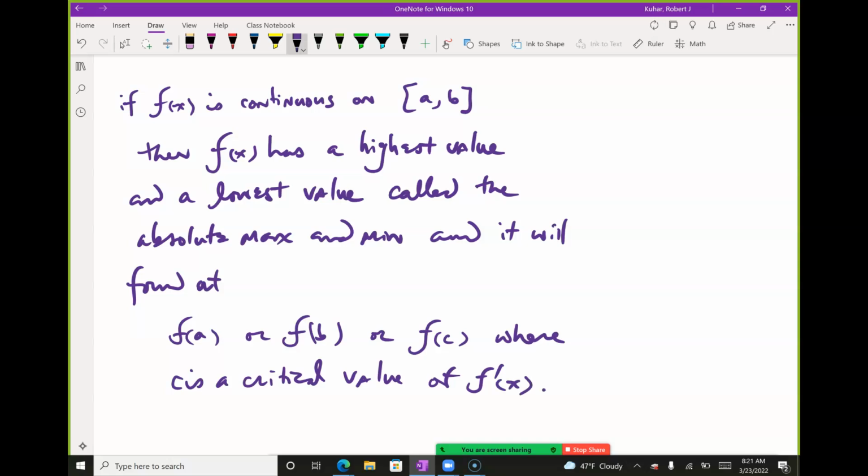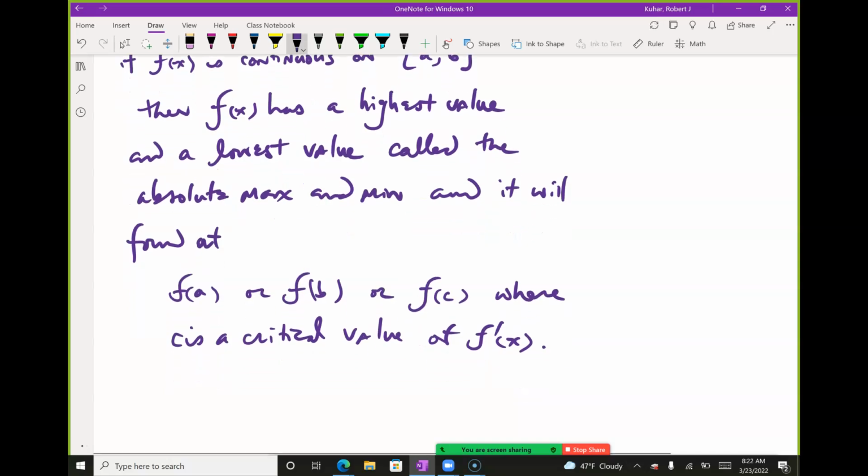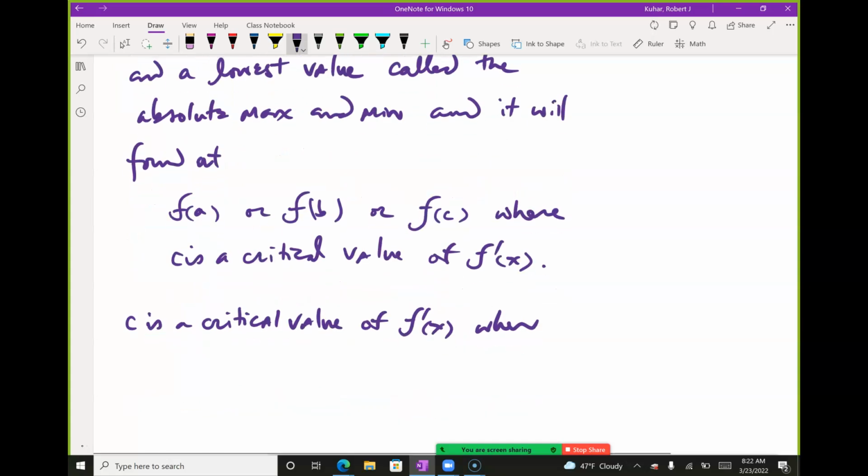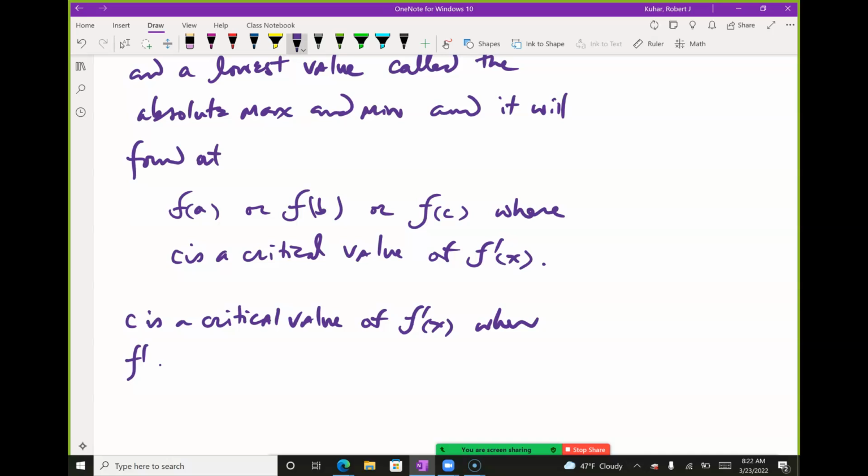Let's remind ourselves what a critical value is. C is a critical value of f prime of x when f prime of c equals 0, or f prime of c does not exist.